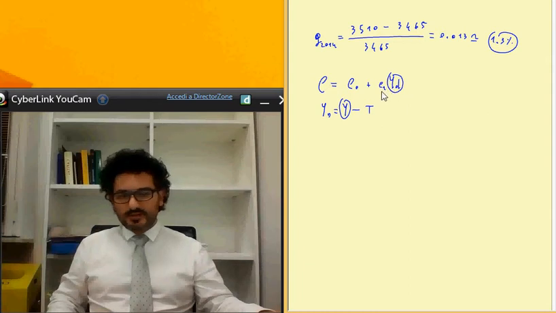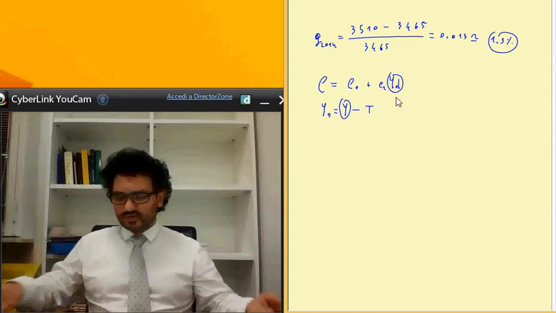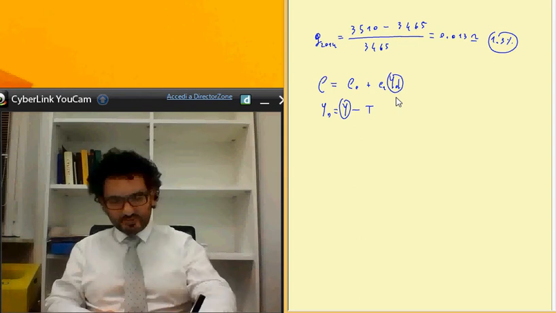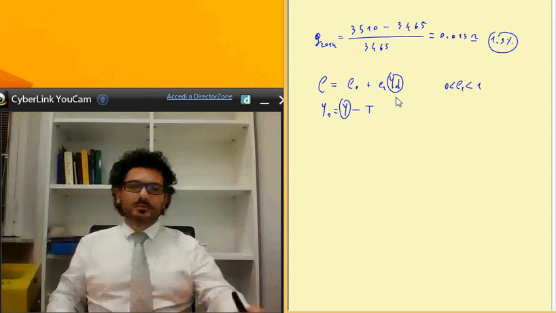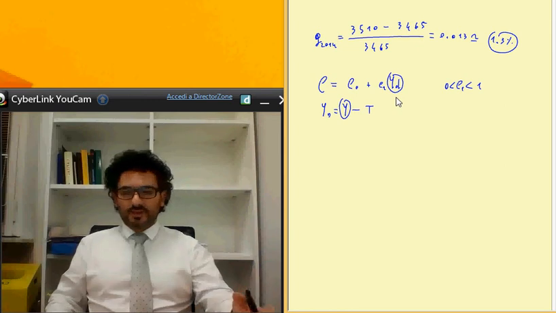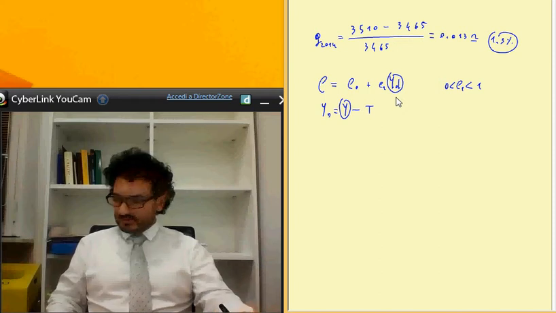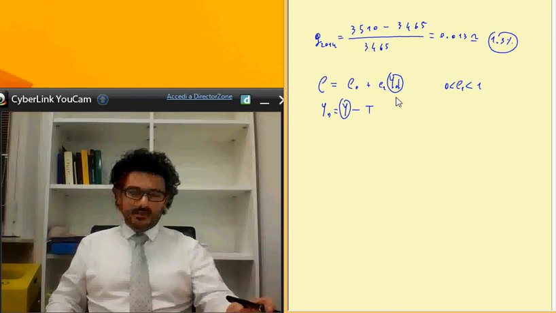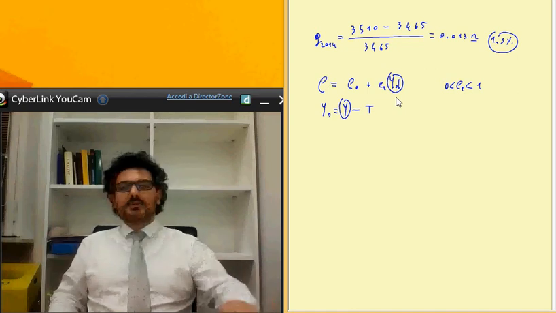and this depends on a parameter C1, which is a percentage, so it is a number between 0 and 1, okay, maybe 0.8, which means 80%, and we will explain by an example what the propensity to consume is.